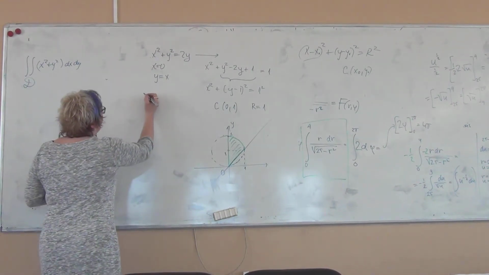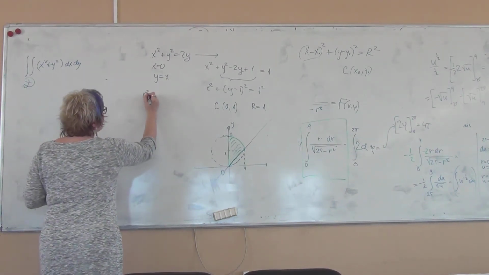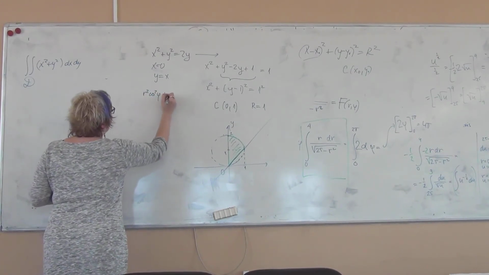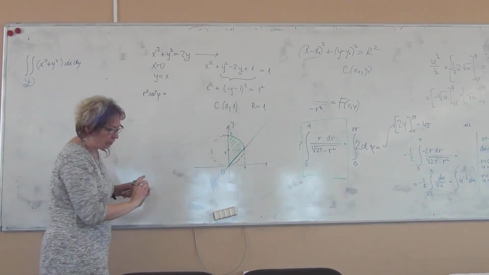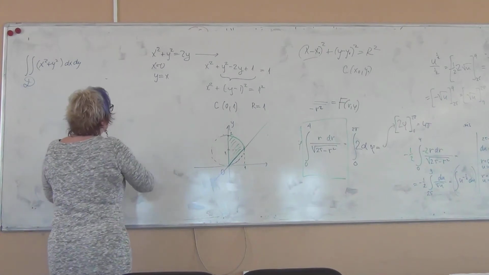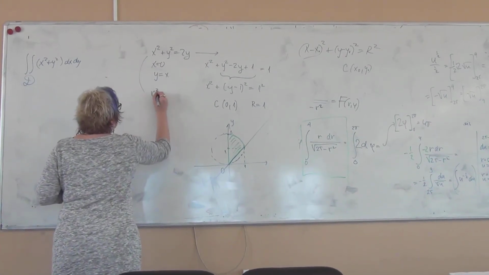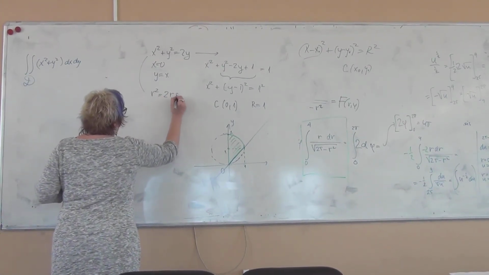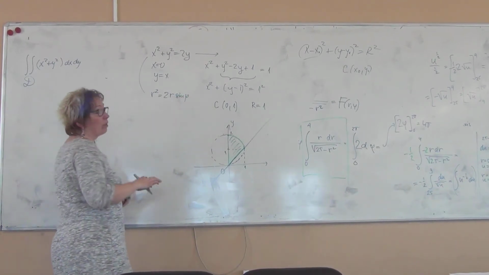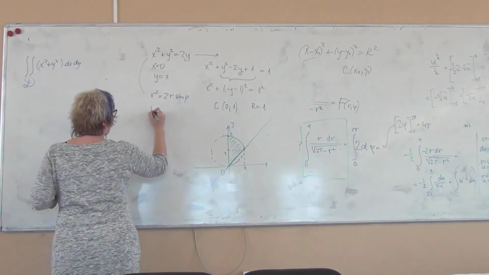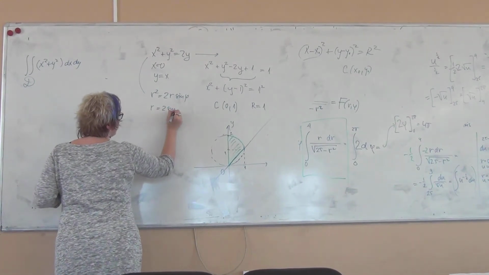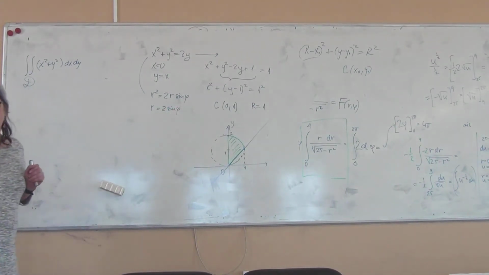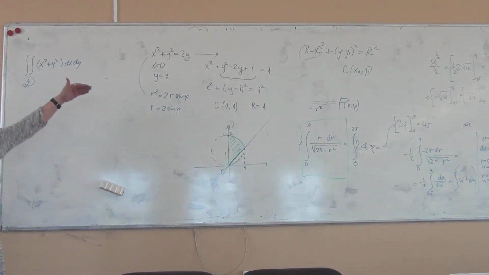Alright, so let's do it. r squared cosine squared phi plus, oh, this is actually r squared. No need to bother. So this is actually r squared, and this is 2r sine phi. Divide both sides by r: r equals 2 sine phi. That's a good equation because it expresses r in terms of phi only.